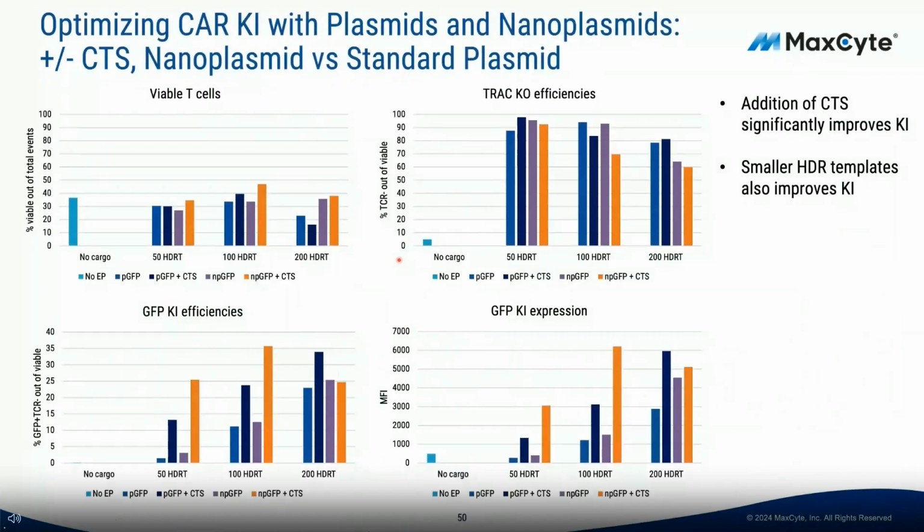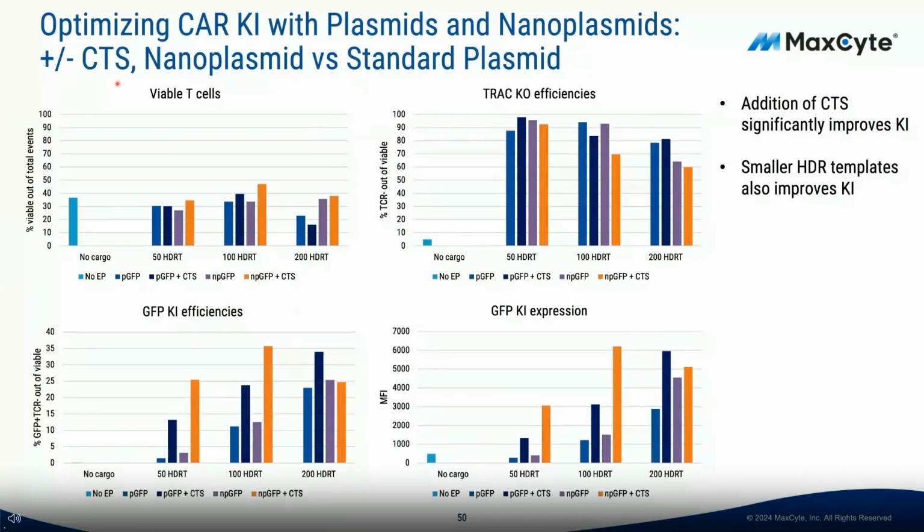And in addition to random integration and DNA transposons, you can use a CRISPR-Cas9 mediated approach for CAR knock-in with either DNA plasmids or nanoplasmids, which are smaller plasmids which have had the DNA backbone size reduced, as donor templates.